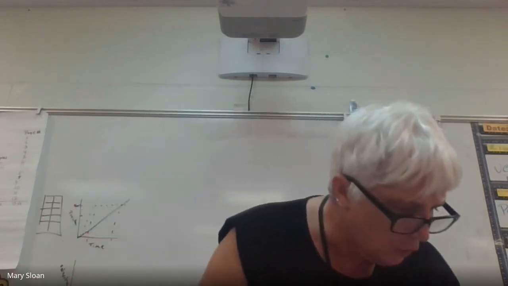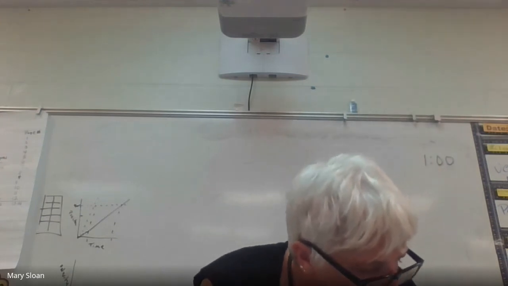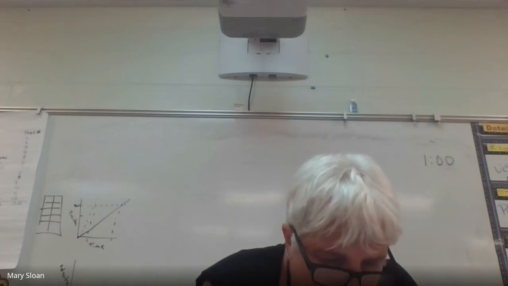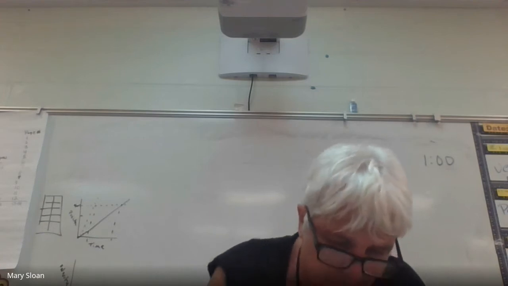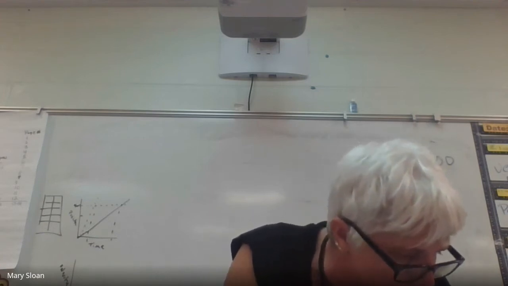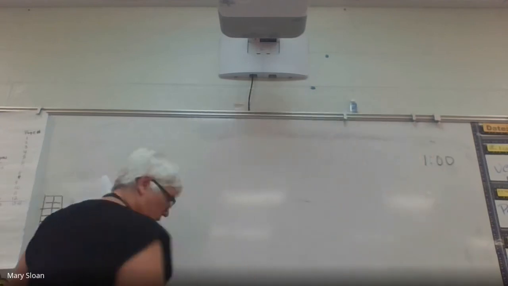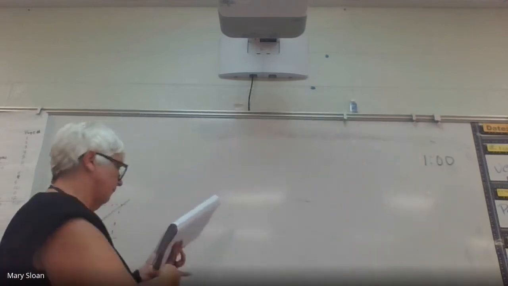Now let's look at number 12. It says, draw a particle model motion diagram that corresponds with this graph. All right, so we're doing a particle model, right? I'm going to try to use black so everybody can see.